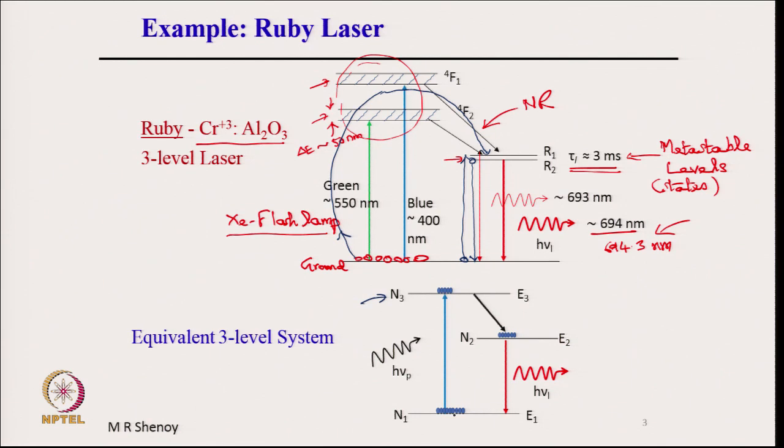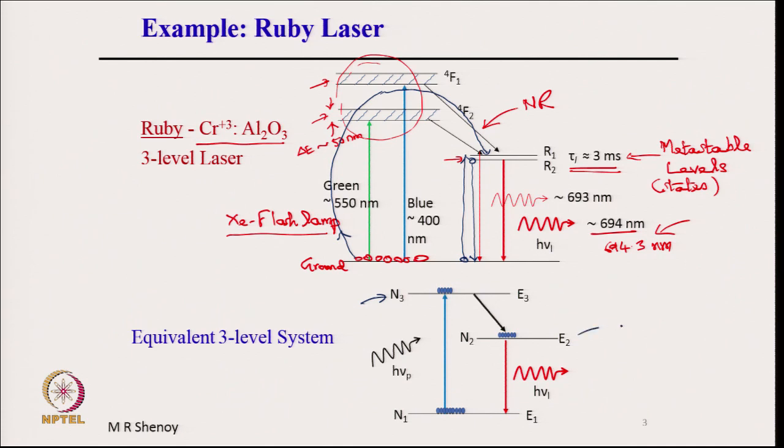Right now I have not shown population inversion, but it can take place, and the transitions shown are the predominant transitions. Atoms are absorbed to this higher excited level or multiplicity of levels, from where they come down rapidly to the second level, which could also be a multiplicity of levels, and from there it comes down to the ground state.